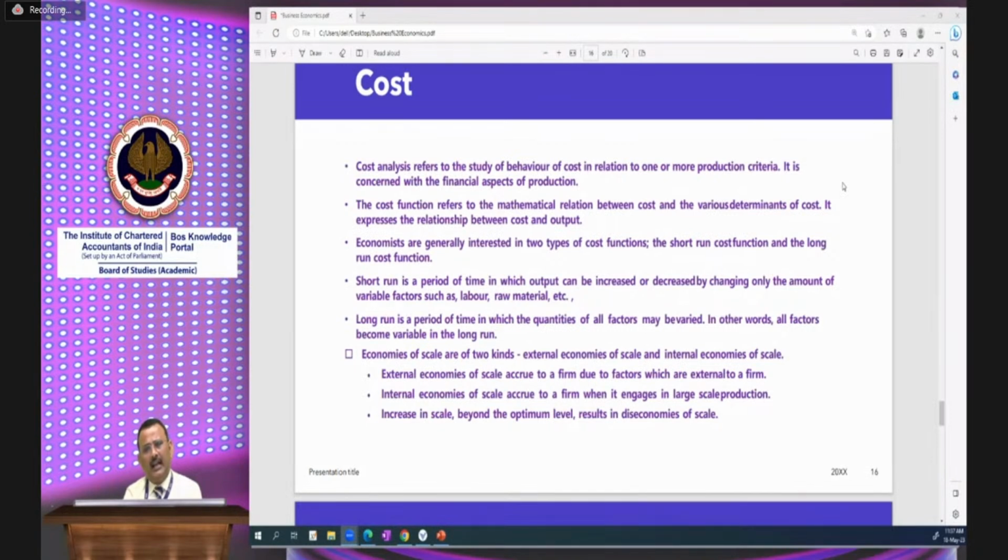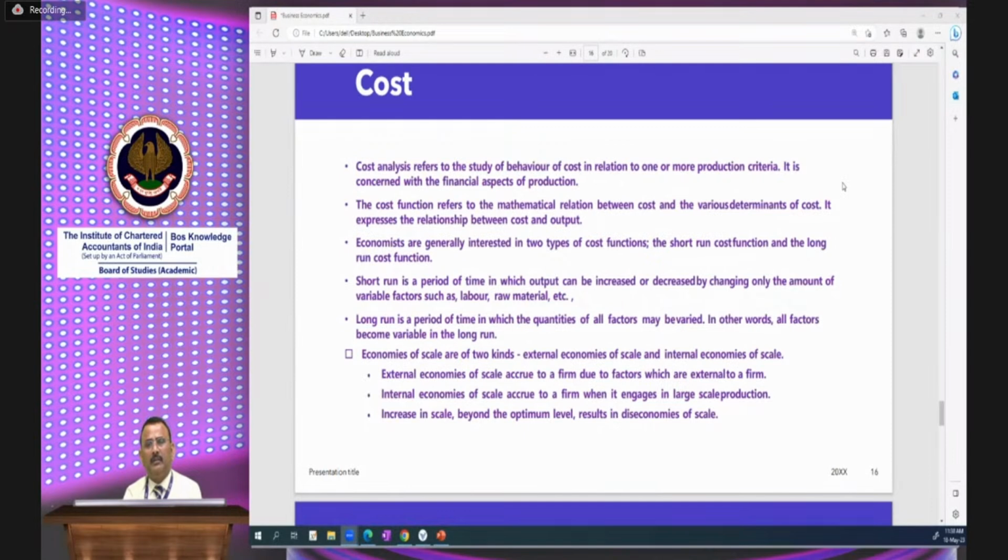So as I told you, production and cost are very important because production gives you the factors that are engaged in producing something, and cost is how much cost is there in producing something.